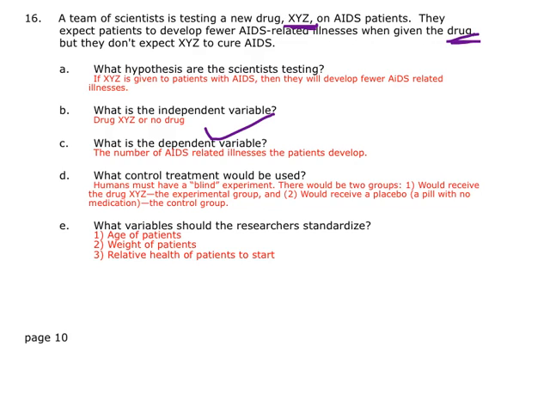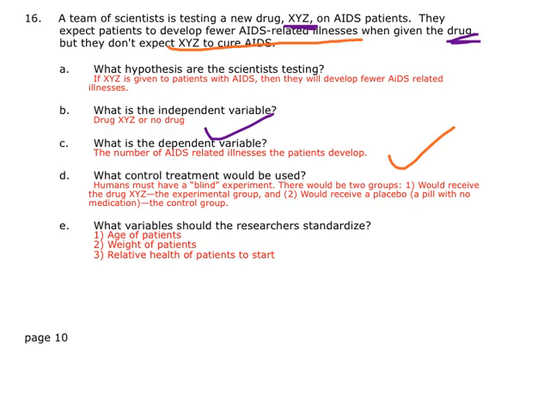All right, the dependent variable, if you look here, they expect patients to develop fewer AIDS-related illnesses. Right? That is your dependent variable. That is what the scientists are going to measure, because that's what the dependent variable is. Okay? Sorry, go back here a little bit.